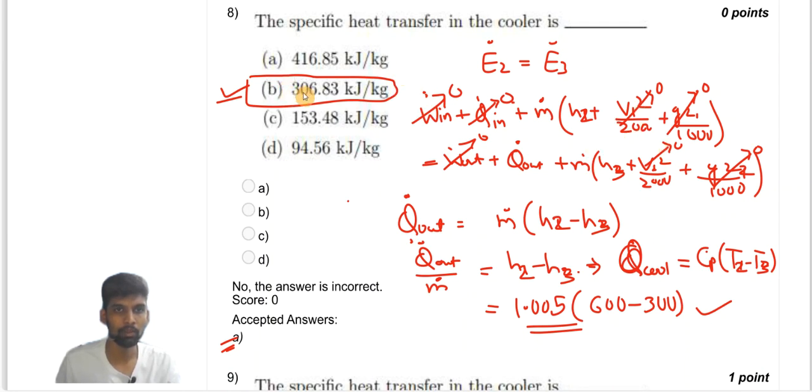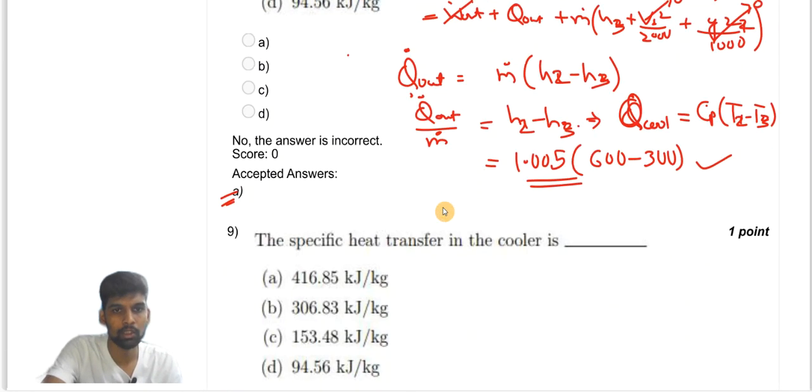That's why they got the 306.83 value. If you use these values, you will get 301 point something. So B is the correct answer for this.